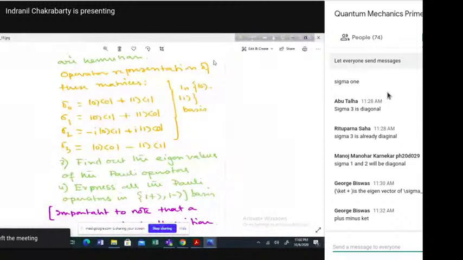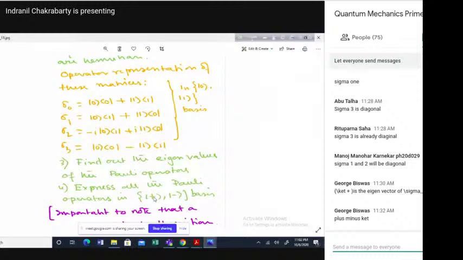And for sigma 2, it is (1, i) and (1, minus i), and if we normalize this, again there will be 1 by root 2. Okay, fair enough. We can write it again in the 0 1 basis. So I am saying that sigma x, or sigma 1, is diagonal in this plus minus basis.